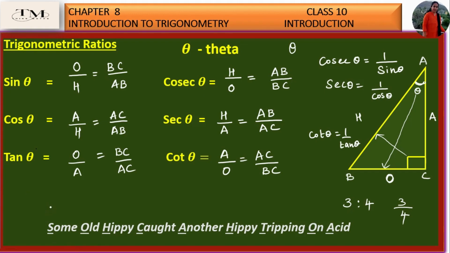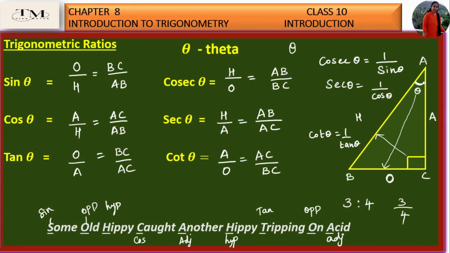So how to do this? S stands for sine and this is opposite O. H is for hypotenuse. In the same way, C is for cos, A is for adjacent and H is for hypotenuse. In the same way, this T is for tan and this O is for opposite and A is for adjacent.